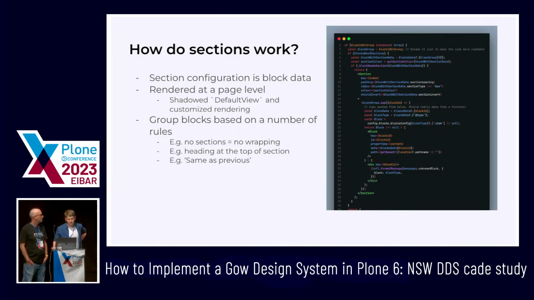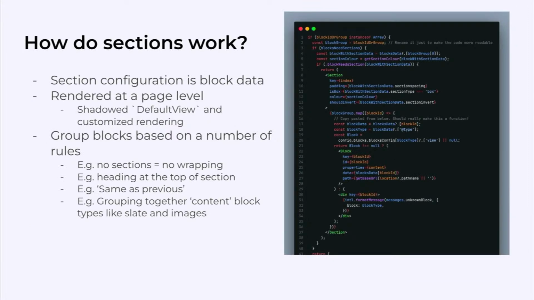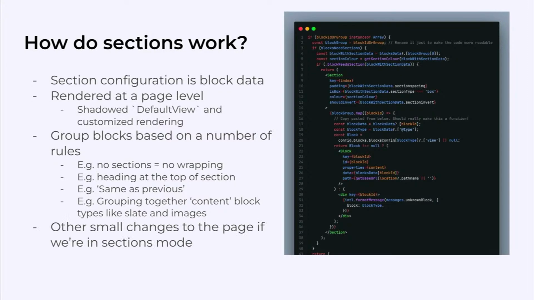As Dylan said, we have this same as previous option, so we can continue to just build upon the previous section without users having to think about it. And then we also had other concepts such as full width blocks like the hero, which don't need to be wrapped in a section, and content blocks such as your slate block, images, that kind of thing. We also, if we were using sections, had some other small changes to the page, such as we had to remove some spacing from the top and the bottom because it's already accounted for in the section implementation.